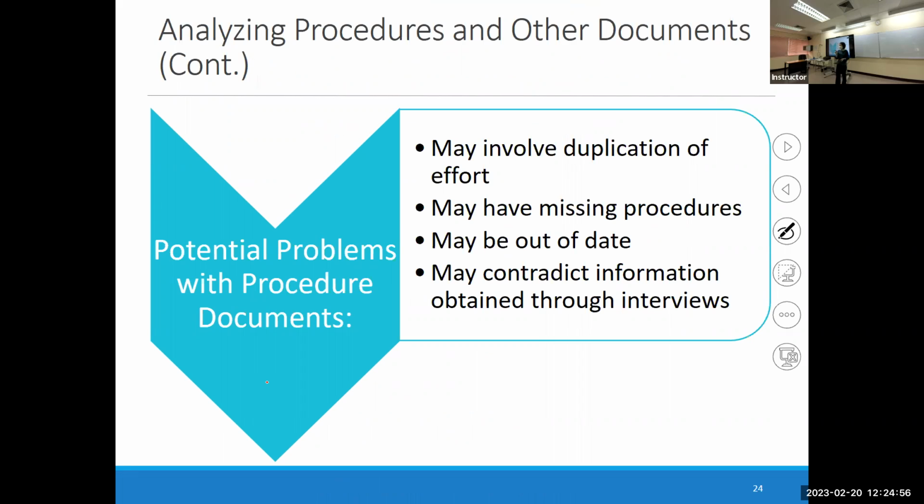These are some cons, limitations. When we analyze existing work procedures or business documents, keep in mind that there could be certain limitations. Of course, things you study from the document could be lengthy and require a lot of effort.